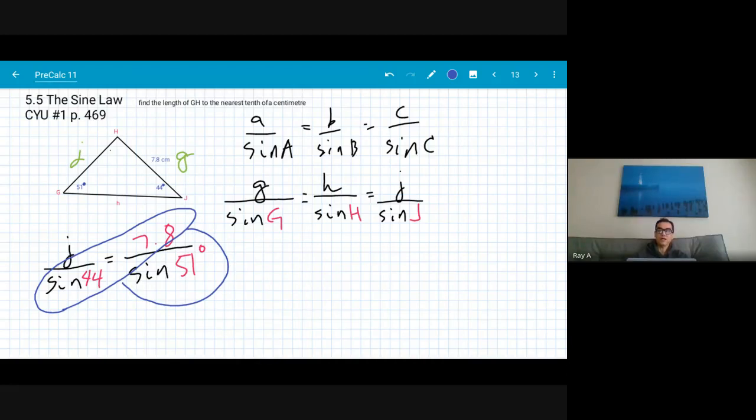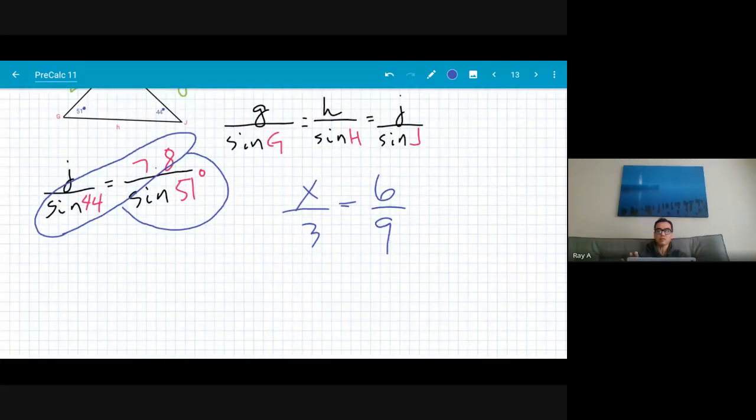That is the idea. So if you're thinking, I don't get it, x over 3 equals 6 over 9, how does the sombrero work for this one? You multiply these two: 6 times 3 is 18, divided by 9 is 2. Isn't that the answer here? That's the same thing I'm trying to tell you.